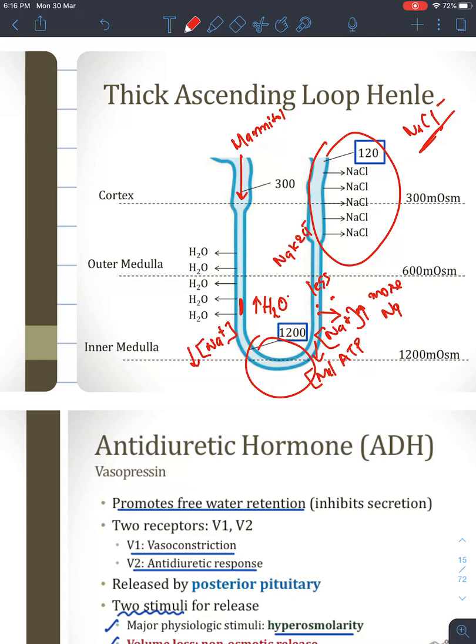So the capacity of this pump to move sodium against the concentration gradient becomes limited. By this mechanism, sodium reabsorption decreases. That is the bottom line in both the books mentioned.